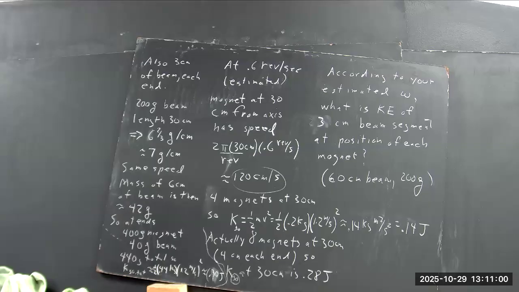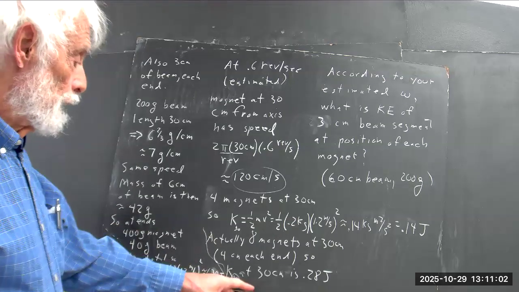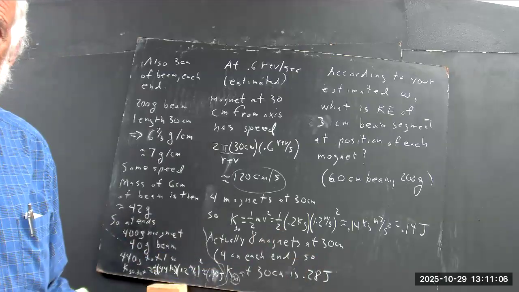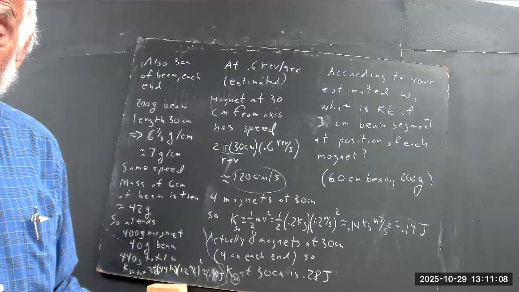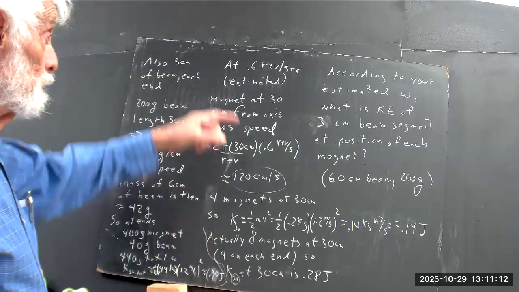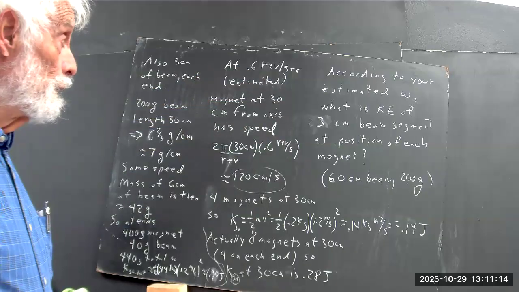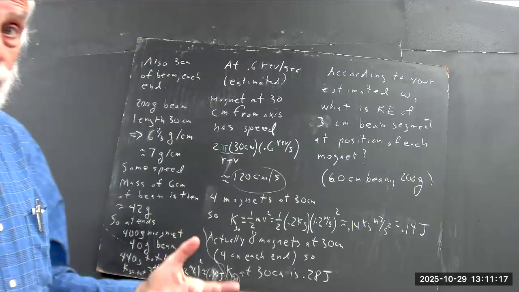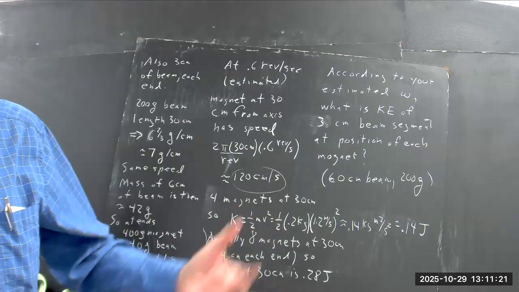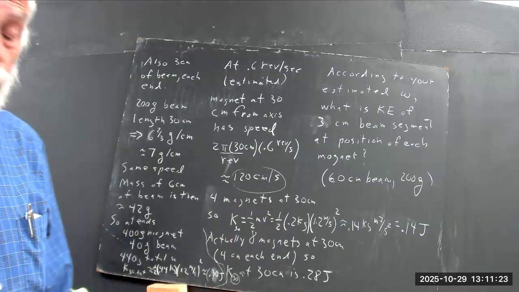Okay. So the idea is we've got 800 grams of magnet at 30 centimeters with angular velocity of 0.6 revolutions per second, which would be about 1.3 radians per second.